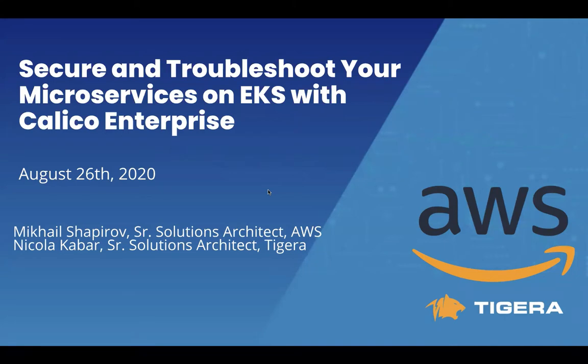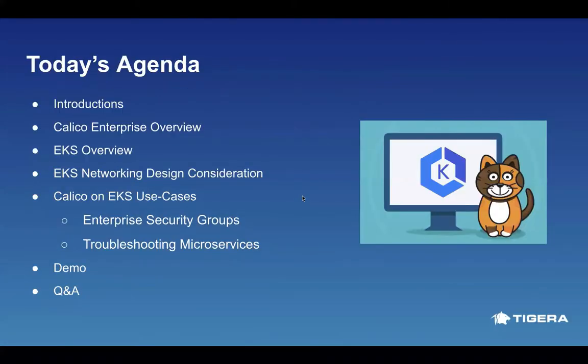So just a couple of notes on the format of this webinar. We'll be spending the next hour or so walking you through a quick overview of Calico itself, Calico Enterprise, an overview of EKS and specifically network design considerations on EKS.